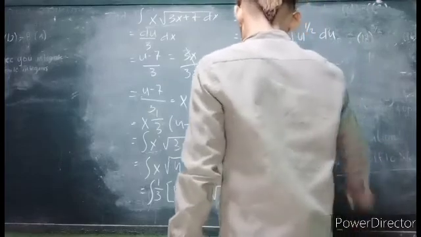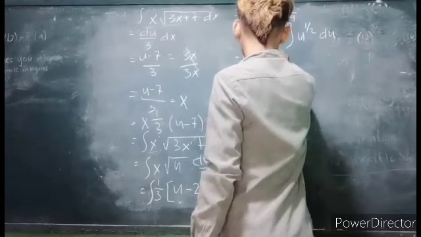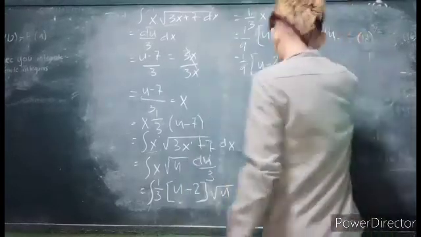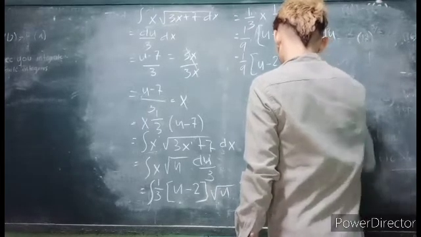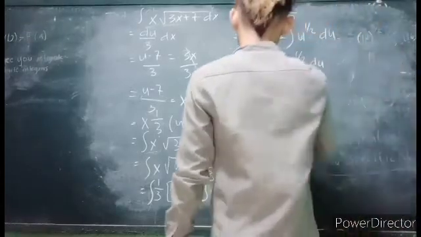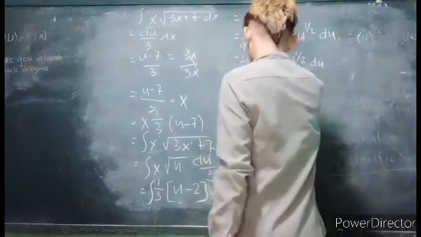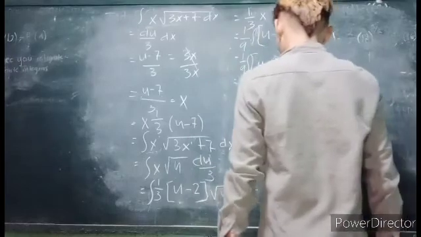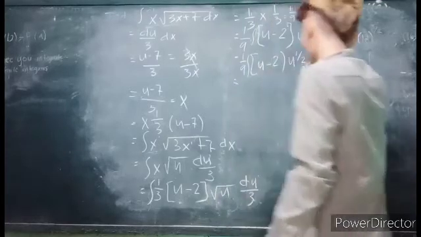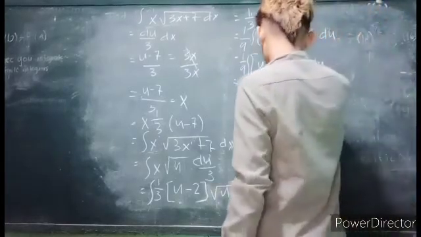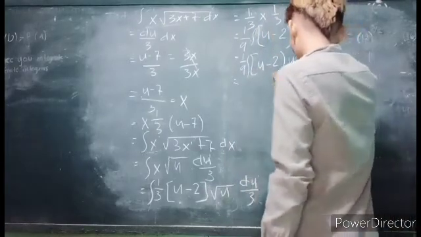Next, 1/2 u minus 2 u raised to the 1/2 du. Next, add 1 to 1/2 and multiply negative 2 by u to the 1/2.